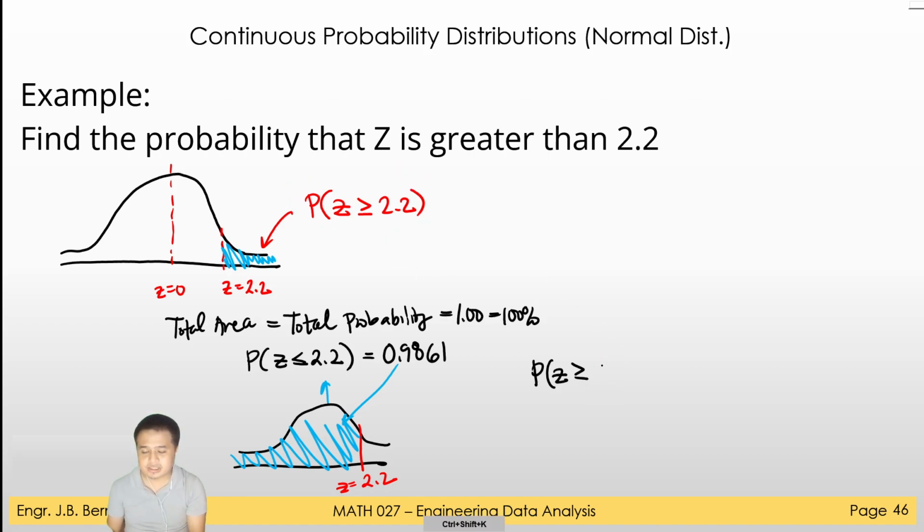That is equal to the whole, so everything else minus this.